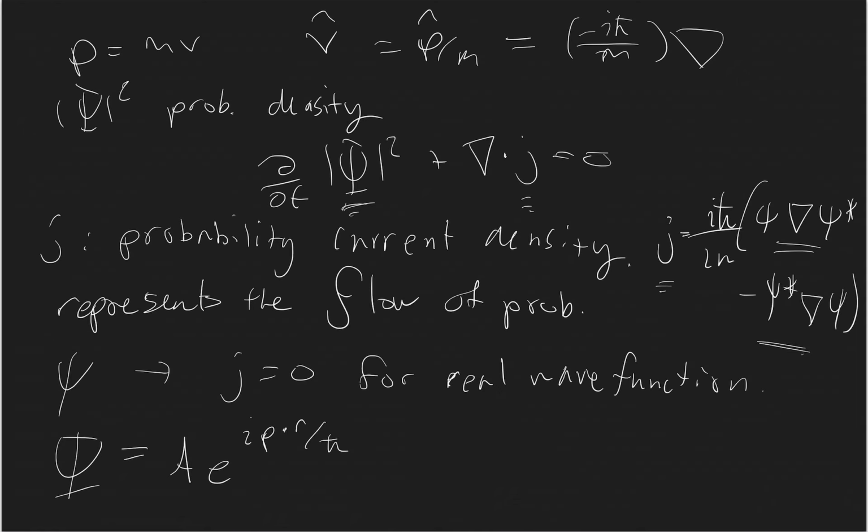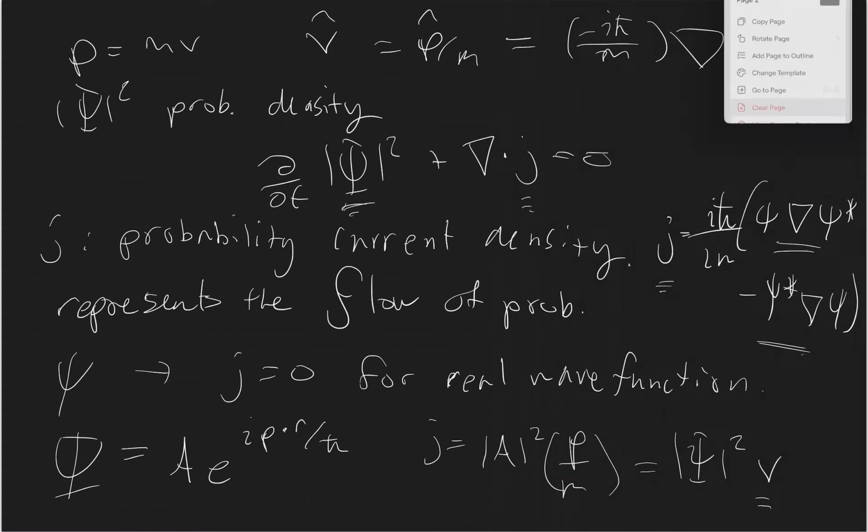This complex-valued eigenfunction then would dictate that the probability density must be equal to the square of the probability amplitude times that measured velocity that we have. So as you can see, this is kind of analogous to our classical interpretation of continuity.